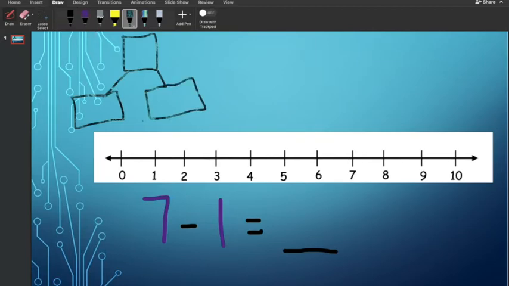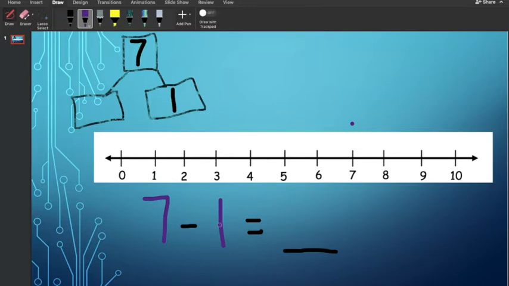So in my number bond, my 7 would be right here because that's the whole number that I'm starting with. My 1, it can be on either side. That's a part. Okay, I have to find out what the missing part that goes right here would be. All right. So on my number line, I'm starting at my 7 because that's the greatest number. Okay, put a dot there.